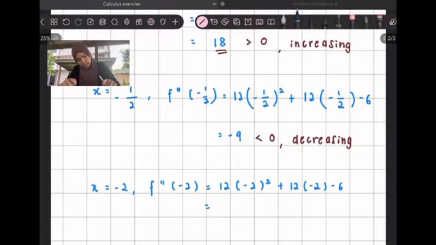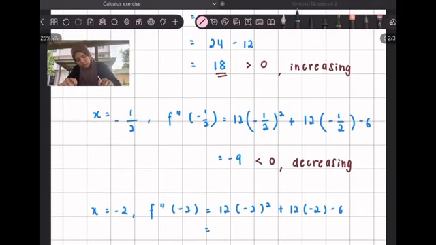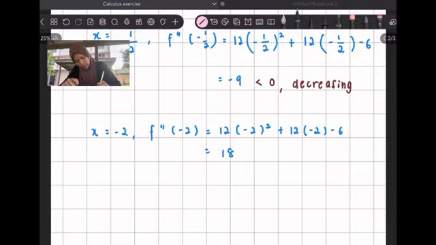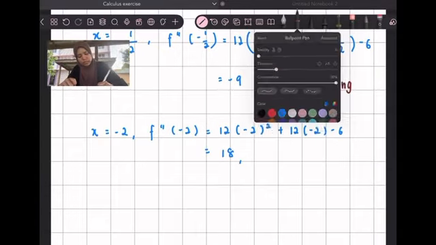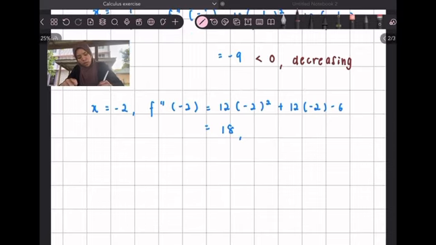So this also gives 18, which means 18 is larger than 0, so the interval will be increasing.